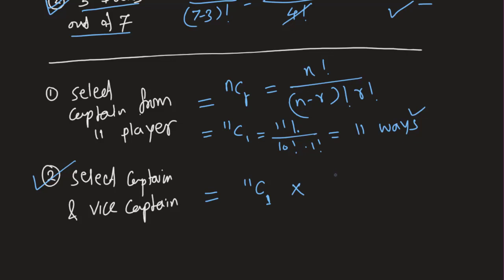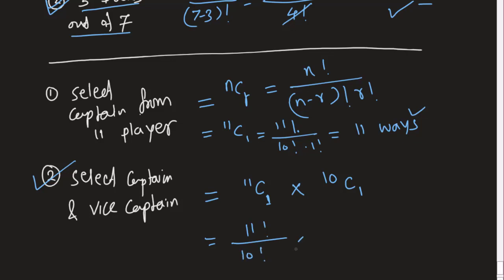After selecting the captain, how many players are remaining? 10. So out of 10 players, we have to select the vice captain. So here r is 1. If we solve this, it will be 11 factorial divided by 11 minus 1, that is 10 factorial, into 10 factorial divided by 10 minus 1, 9 factorial.